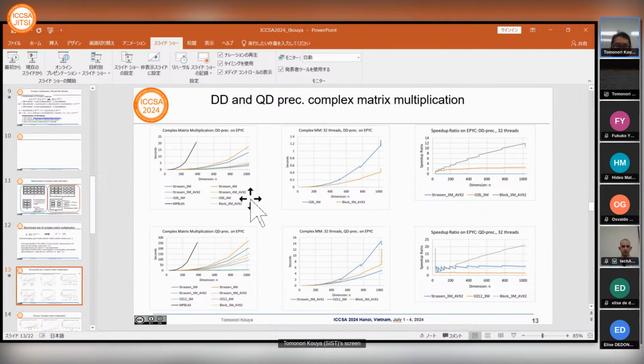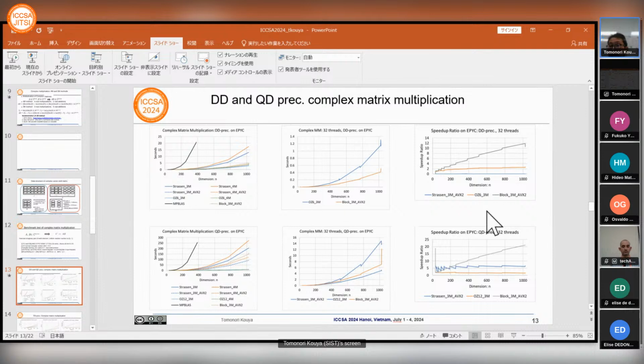According to the result of our benchmark test, the 3M method and its SIMDization can accelerate complex matrix multiplication, and in double-double precision and quadruple-double precision complex matrix multiplication, the Ozaki scheme and block 3M matrix multiplication are more efficient than other algorithms.